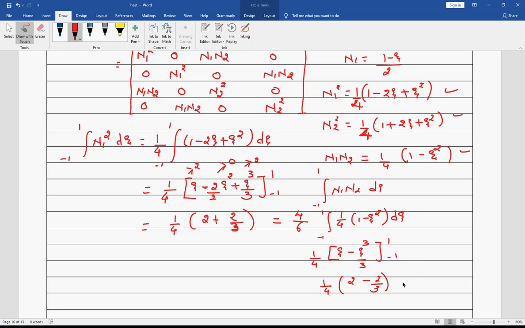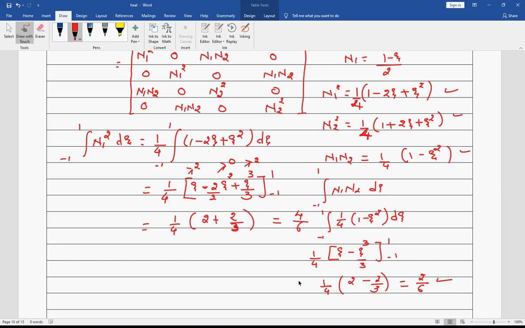And this comes with the square. I want 6, so this is equal to 2 by 6, since 6 minus 4, 4 divided by 2 is 2. Okay, so this is correct.